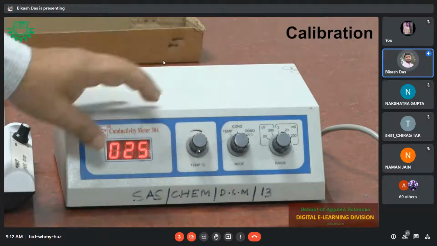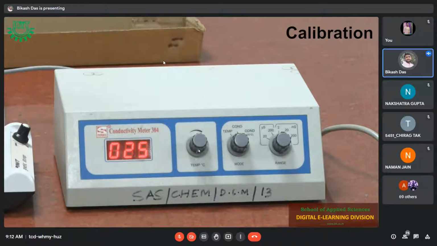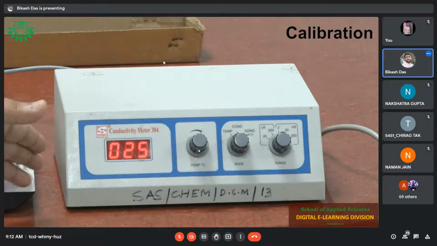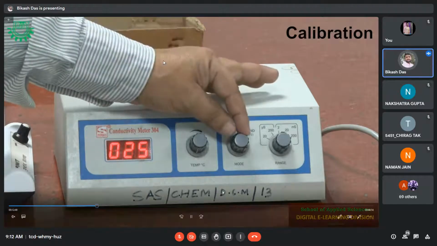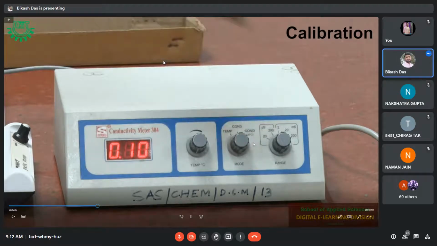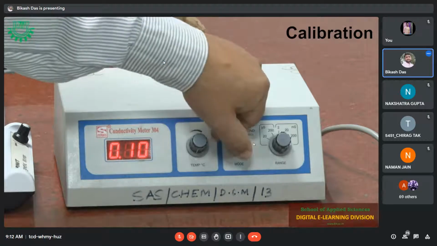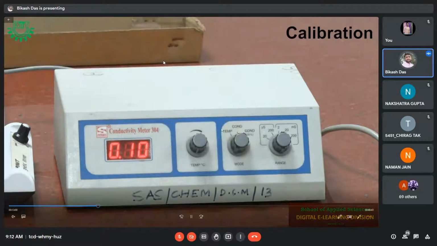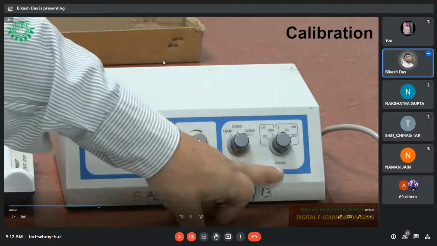Suppose we are going to measure the conductance at room temperature, 25 degrees centigrade. So now we have to change this mode to conductance at 25 degrees. Now these two knobs should be fixed. You should not change them in between.